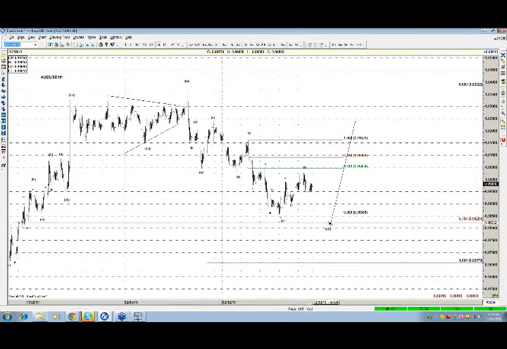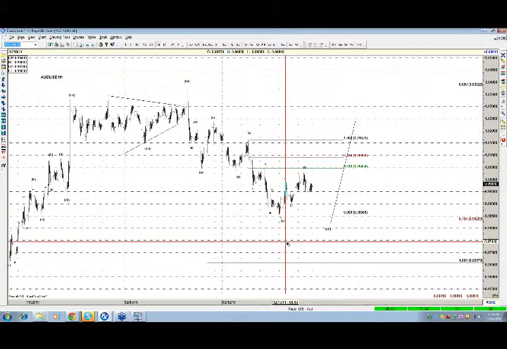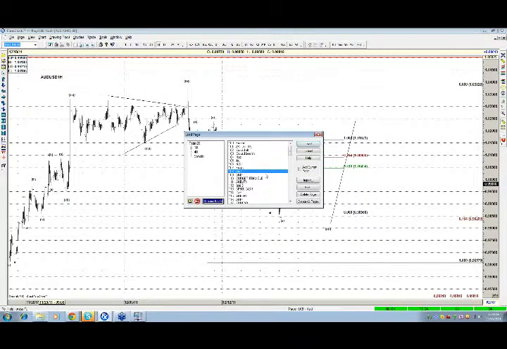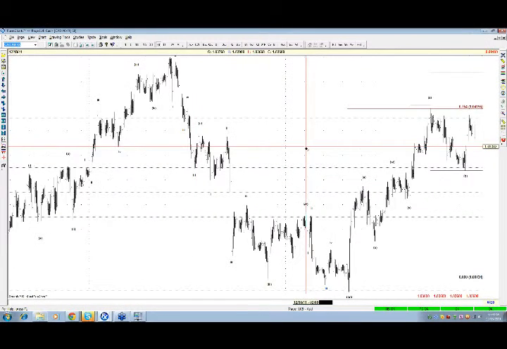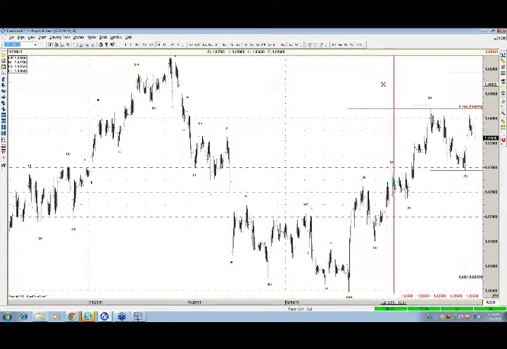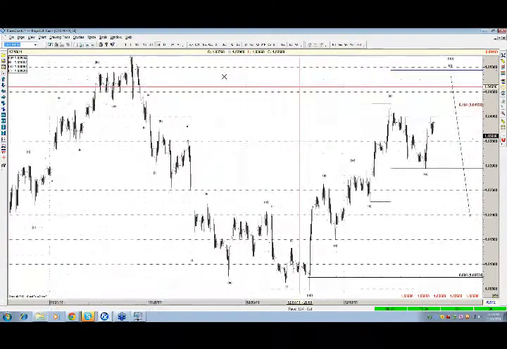This is the entry in the Aussie, around this area. CAD is the same, look. CAD is going to open a big gap today.